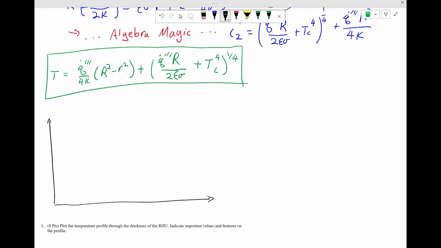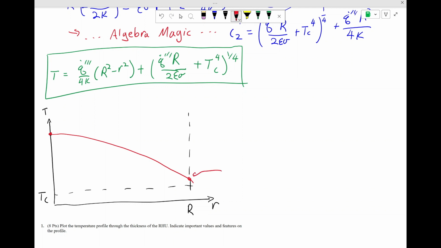So we will have our temperature here, and we're going to have our coordinate here, and then this is R. So out here we're going to have the heat sink temperature Tc, and then at the center we're going to have our hottest temperature, so that's T of R equals 0, and then we're essentially going to have this parabolic profile that decays out to some value out here. So our lowest temperature is going to be at the outer edge of this domain.